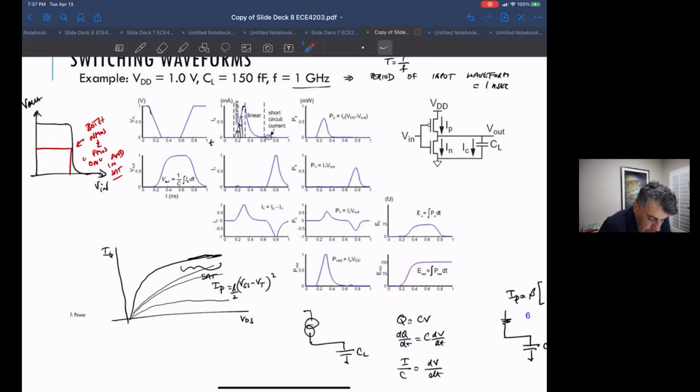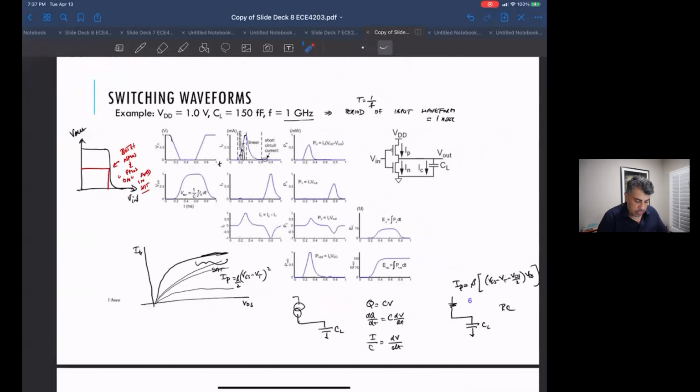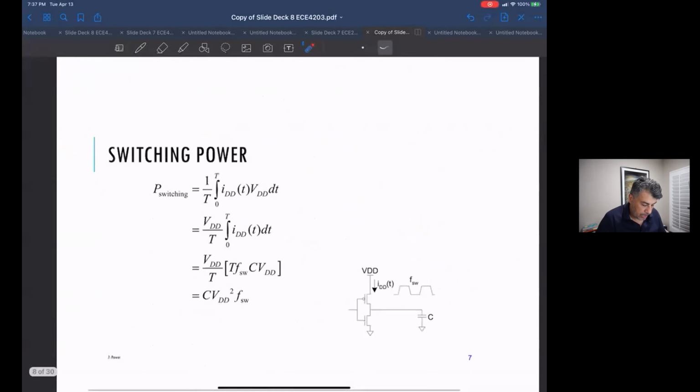I think the critical thing to see is the energy stays flat after the PMOS has done its job. The only power that comes out of the supply is during the PMOS being on cycle. So those are the two important things out of all this detail.